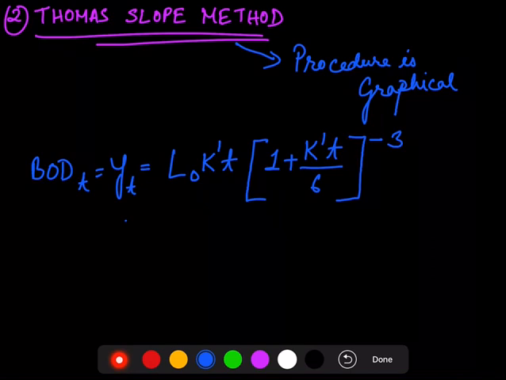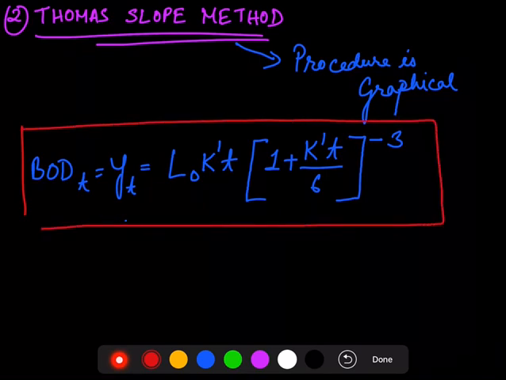This equation was given by Thomas, an approximate formula.